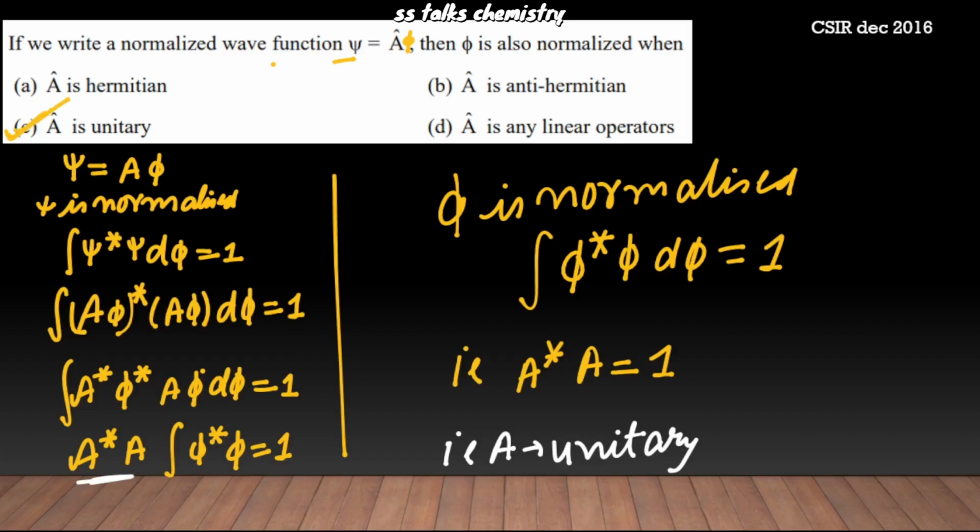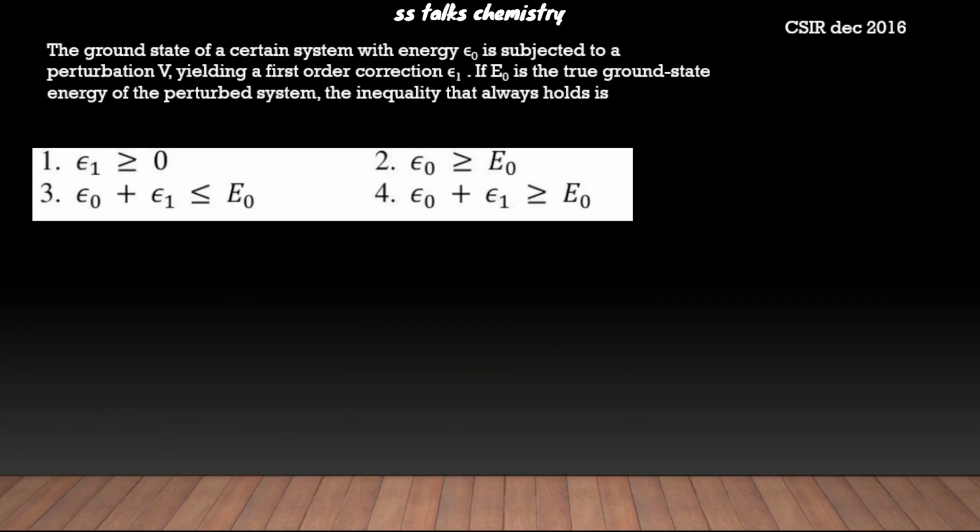Okay. Now moving to the next one. In this question, the ground state of a certain system with energy E0, so we have a system whose ground state value is given as E naught, or epsilon naught you can say, is subjected to a perturbation V1, yielding the first order correction E1.